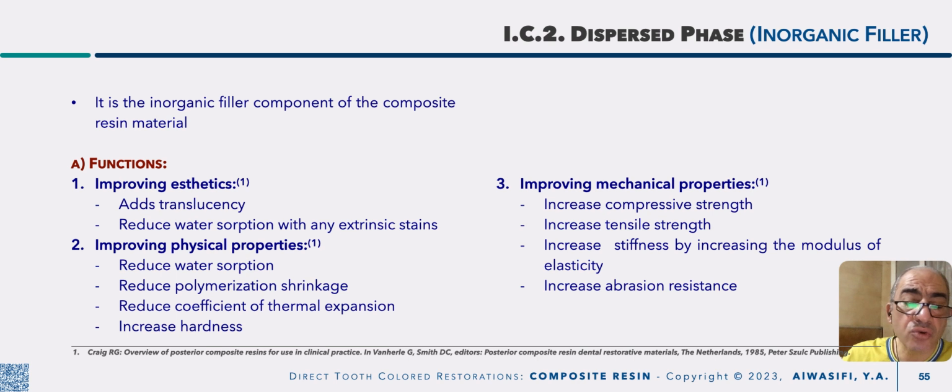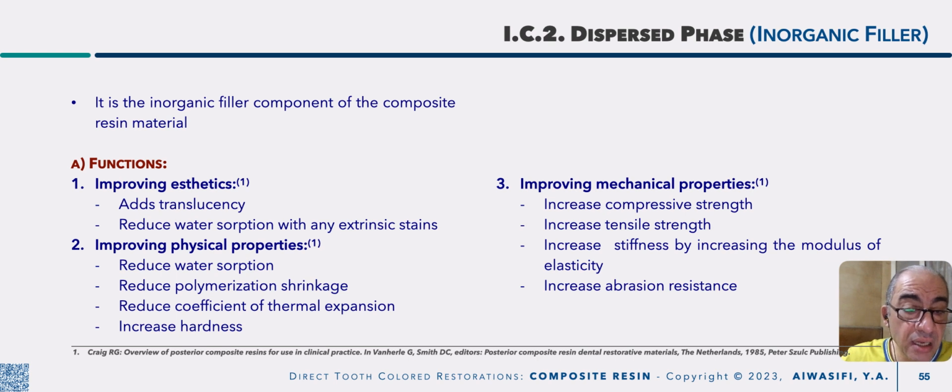It decreases the total amount of resin used. That's why it improves aesthetics by being silica derivatives, by adding translucency, and reducing water absorption. At the same time, it improves physical properties because you already reduce the amount of resin and substitute it by filler.